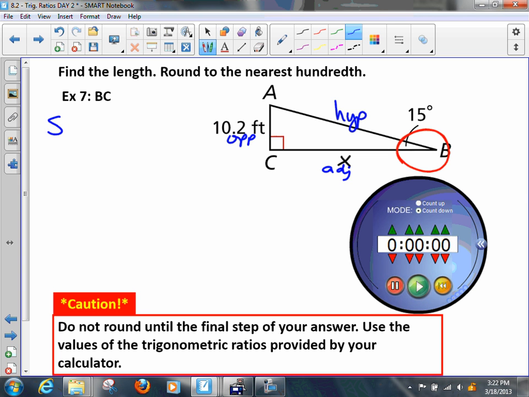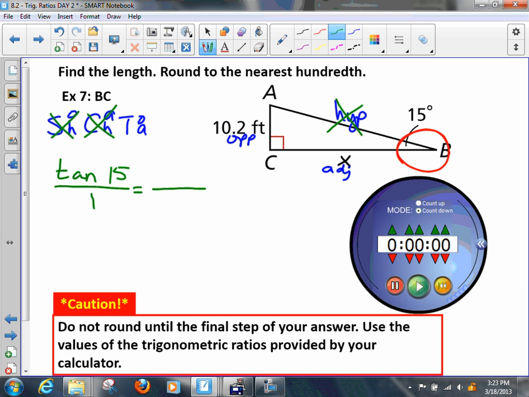So I come over here. Some old horse caught a horse taking oats away. Which side do I know nothing about? Mark that out. Oh, okay. I have to use tangent. Tangent of 15 over who? Is equal to what? 10.2 over x. How many of you at least have it set up correctly?